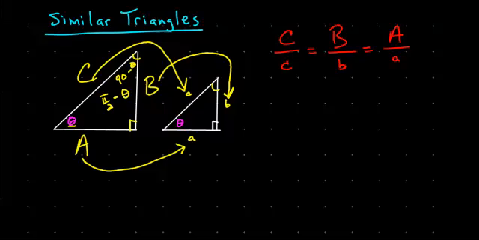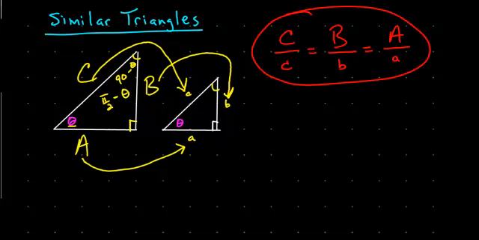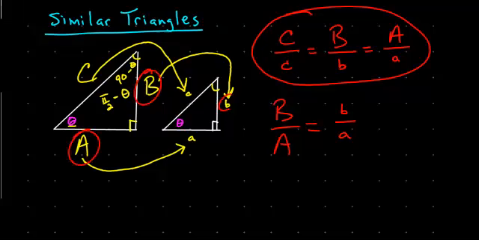And you see that you could also rearrange these just using math. You could do things like big B over big A equals little b over little a. That's true.